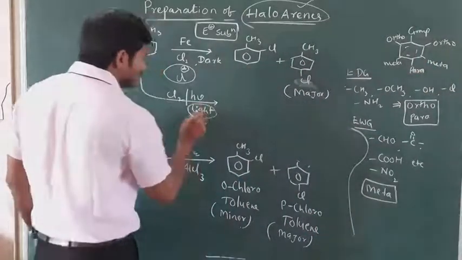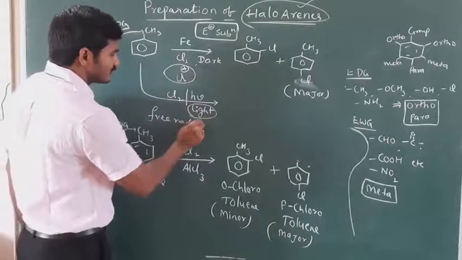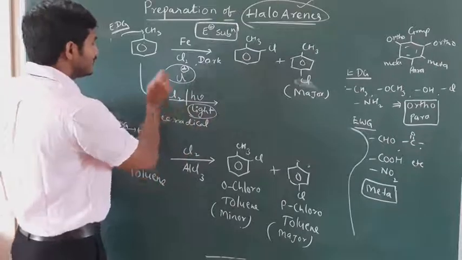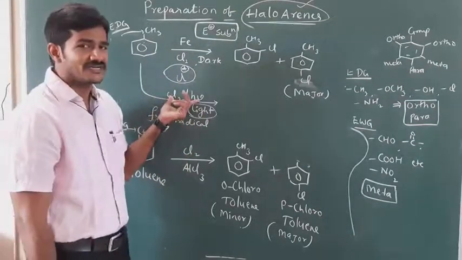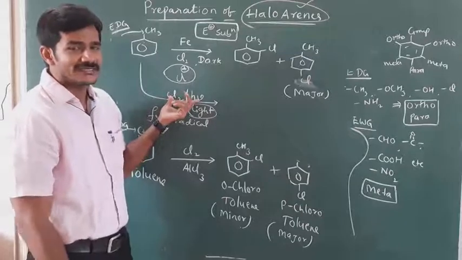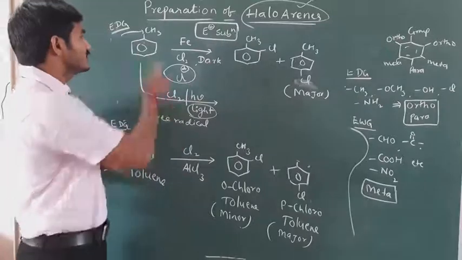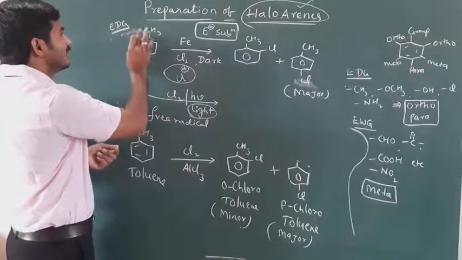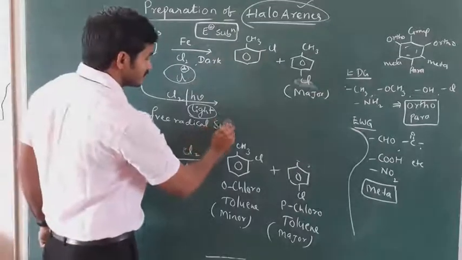Light favors, as I already told you, free radical substitution, the free radical mechanism. In this case, chlorine or halogen in the presence of light, as I told you in the previous lecture, gives selective substitution. Selective substitution means when a benzylic carbon contains hydrogens, benzylic substitution takes place.